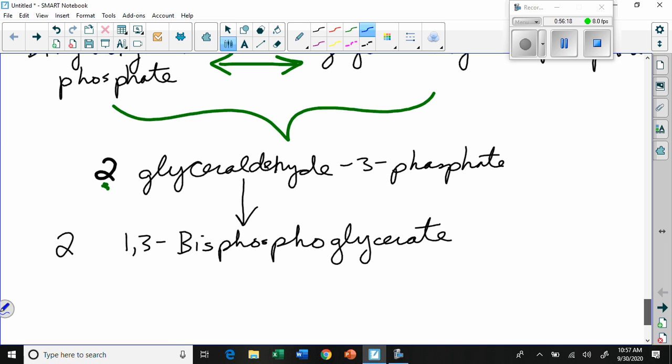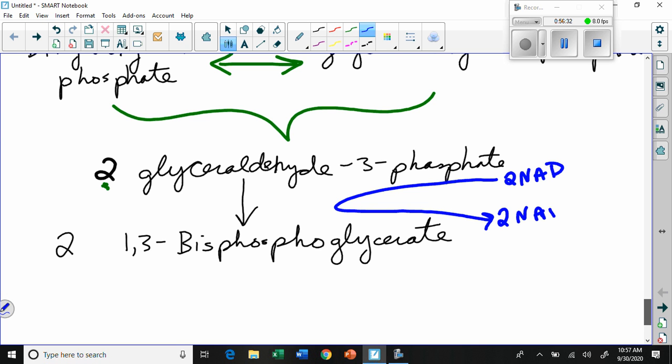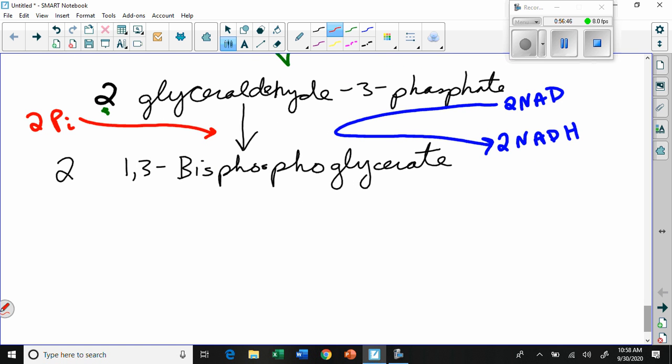And there's something that happens at this stage. In order to make this happen, I'll just do it over here a little bit, we had to have 2 NAD molecules, because everything's happening twice, come into this, and then what comes out are 2 NADH molecules. And also, what goes in are 2 inorganic phosphates to be added on. Okay, good to go. I'll leave that there while we do the next step. The next step then would be 2 3-phosphoglycerates.